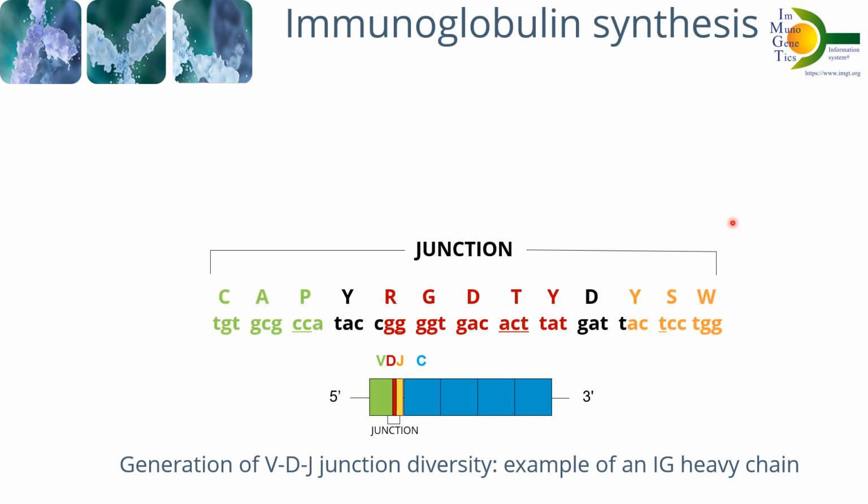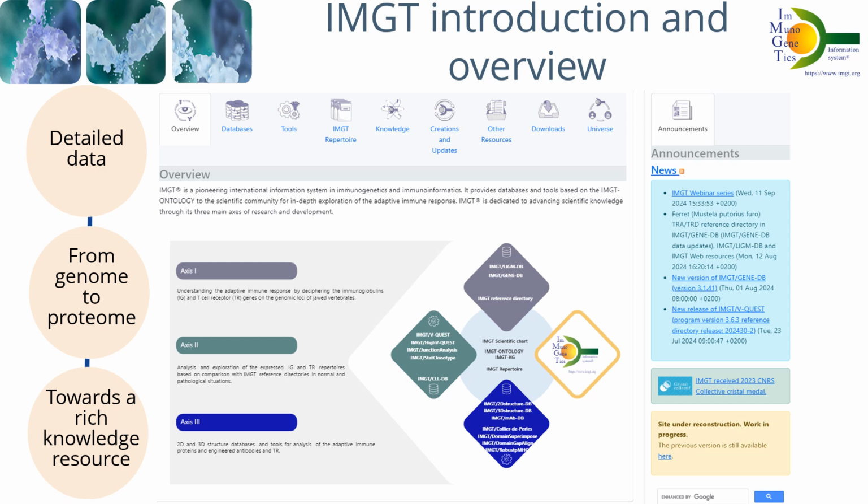Finally, especially in the immunoglobulins, somatic mutations further increase the overall diversity. So basically, what is the take-home message from this and the previous slides? The message is that there are 3 unique molecular mechanisms that contribute to this great diversity that we are aware of. Having given a brief introduction to the immunogenetics topic, let's now explore what IMGT is all about.